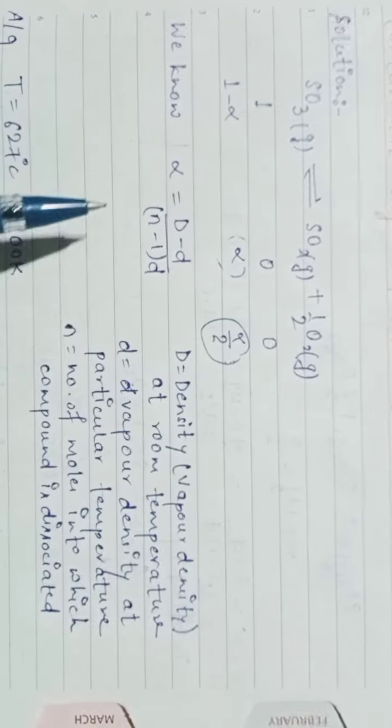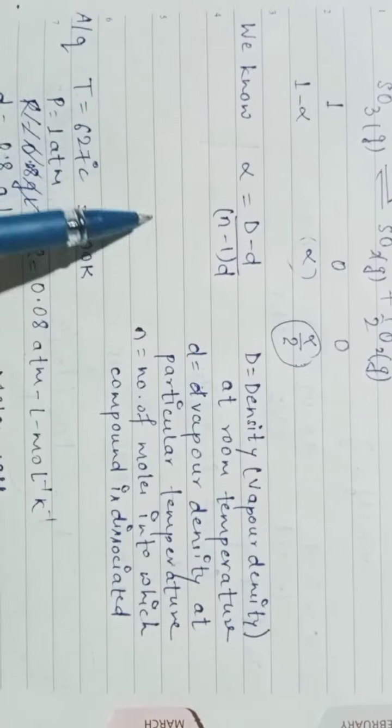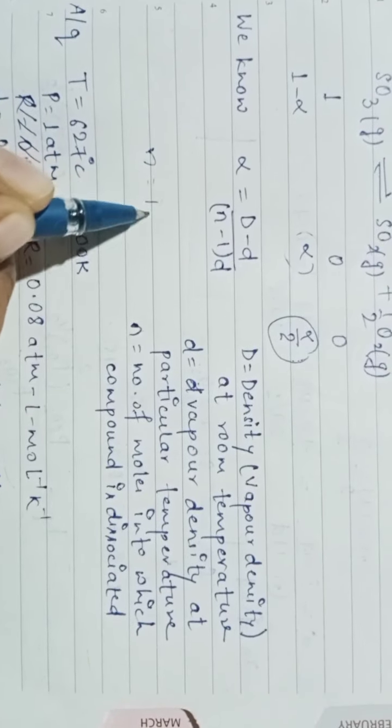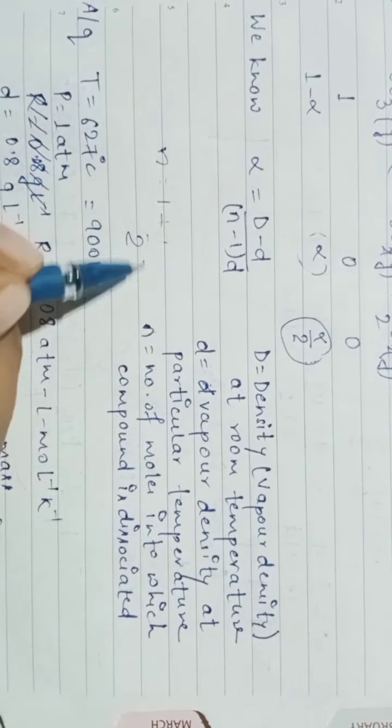So for this, n is equal to 1 plus 1 by 2, that is 3 by 2.